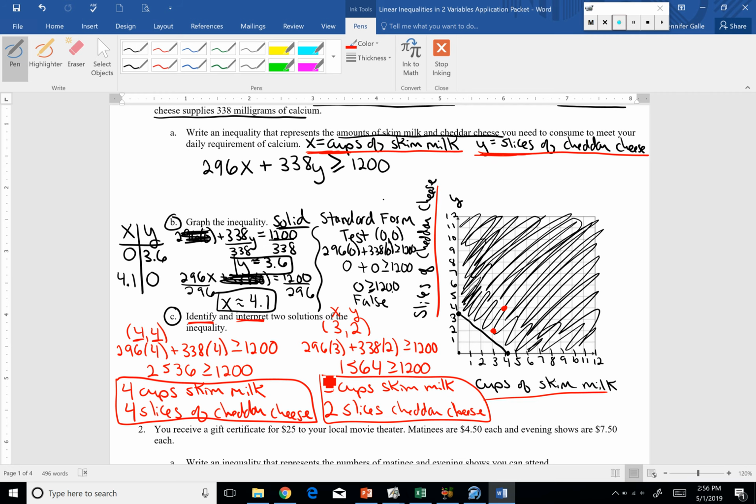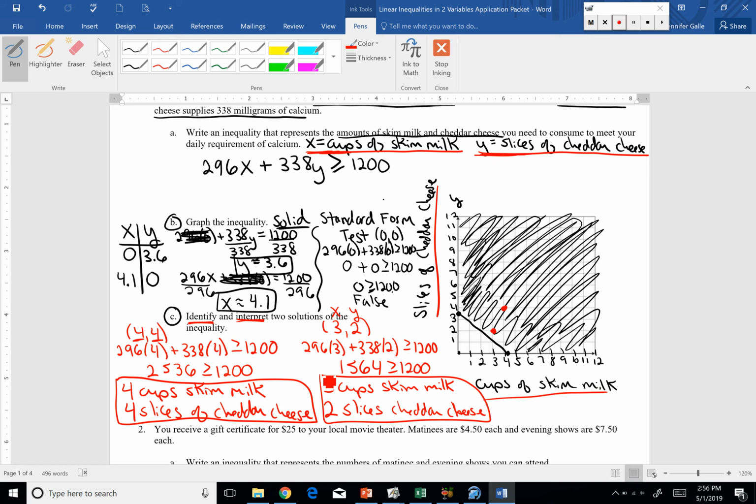So I expect in letter A, you've defined your variables like I've underlined in red. I expect your axes to have labels like I've underlined in red. I expect to see 2 solutions that are labeled like I put the red boxes around down here. So everything I have up here I need to see on your sheet too.